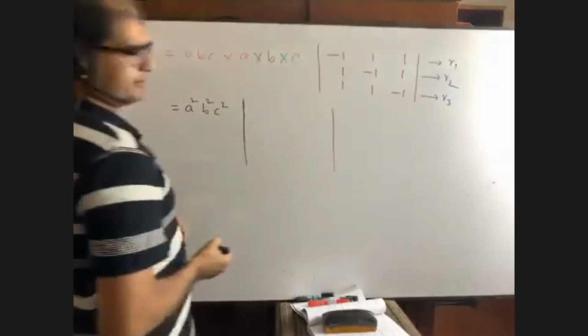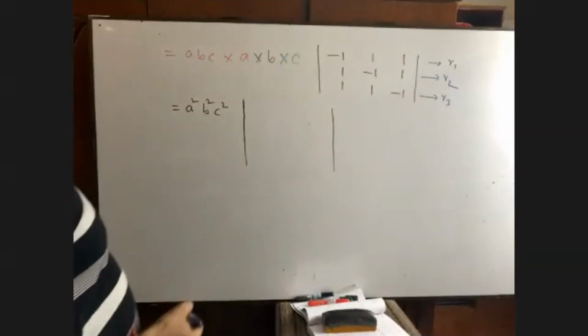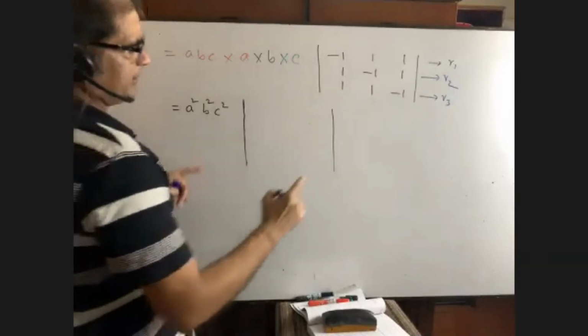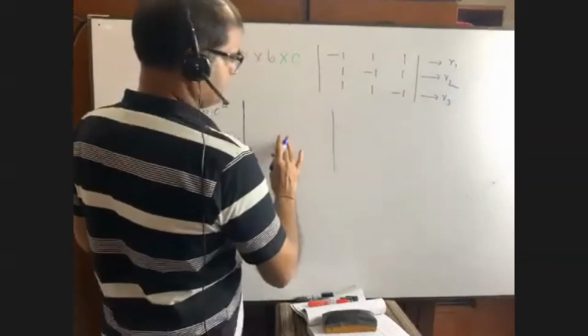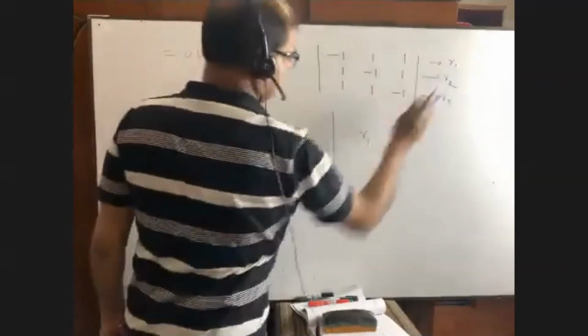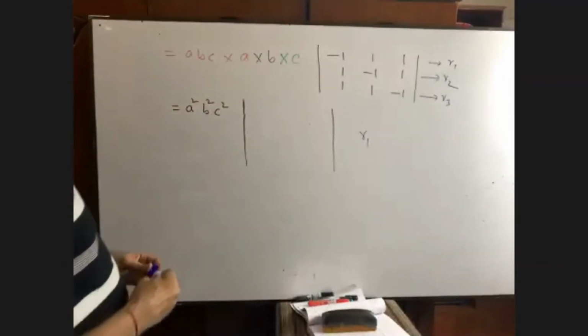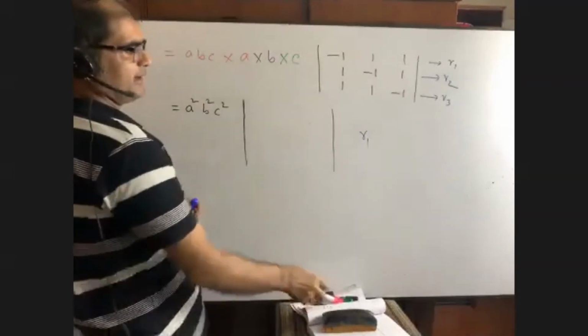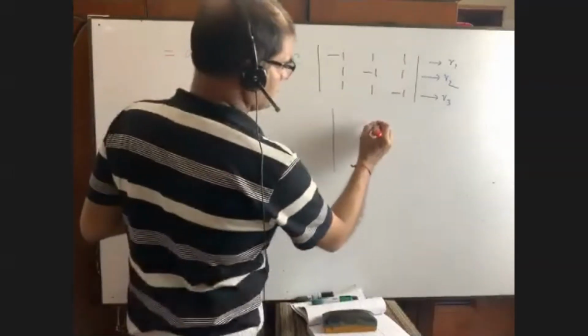Am I right? But if I write here, I cannot write row 1, because row 1 is written here. So we will give a new notation, row 1 prime.